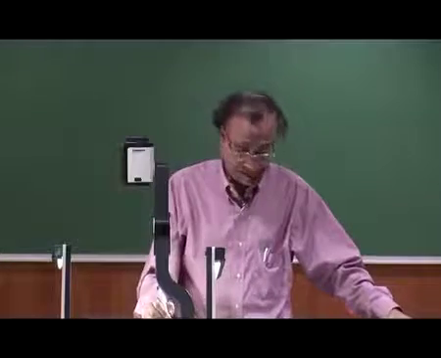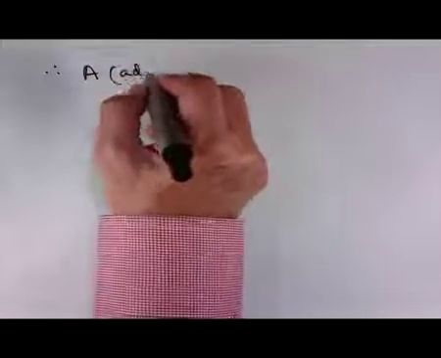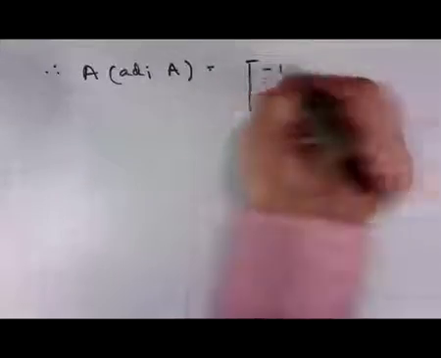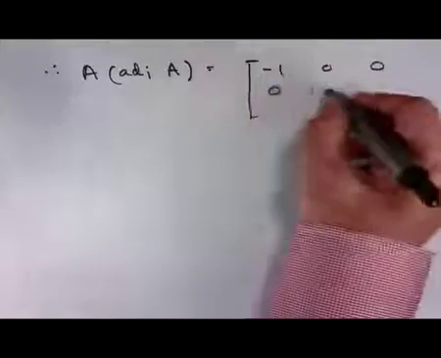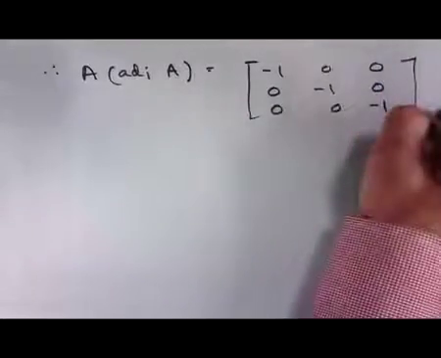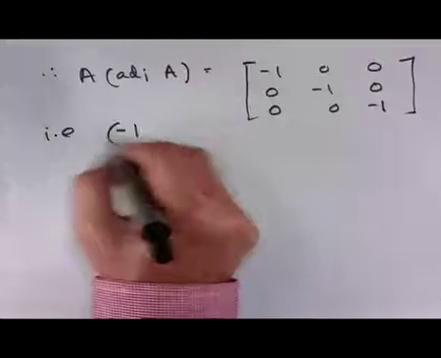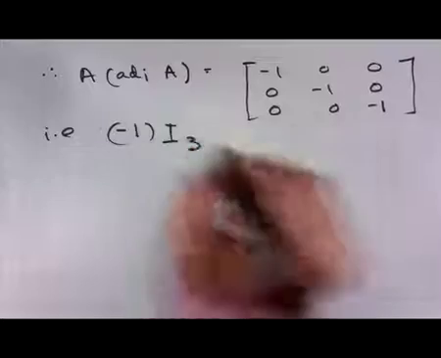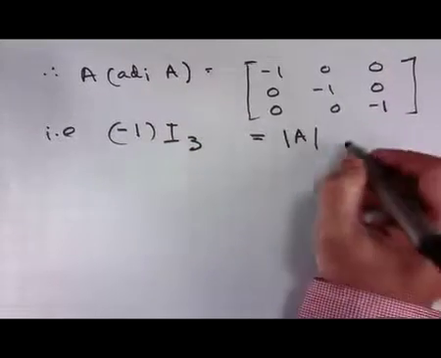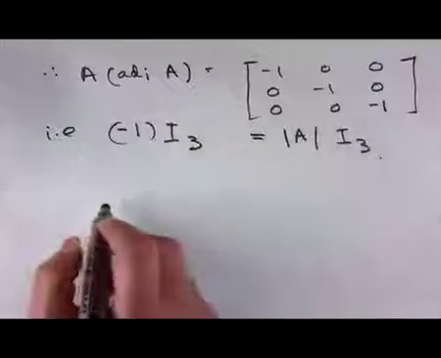Therefore, A into adjoint of A is equal to minus 1 0 0, 0 minus 1 0, 0 0 minus 1, that is minus 1 times identity of order 3, which is equal to determinant of A into identity of order 3.